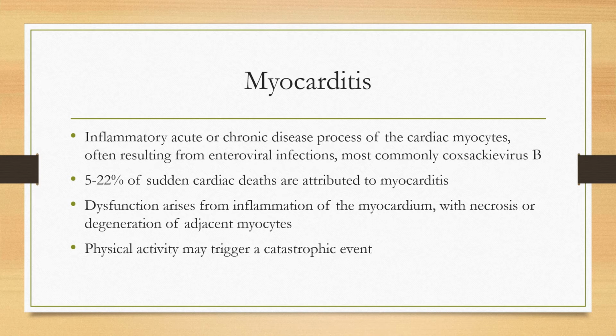Okay, 5 to 22% of sudden cardiac deaths are attributed to myocarditis. So that myocardium gets inflamed, and then can actually die or cause degeneration of the myocytes around it. And then if you have myocarditis and you start physical activity, that's when issues can arise.